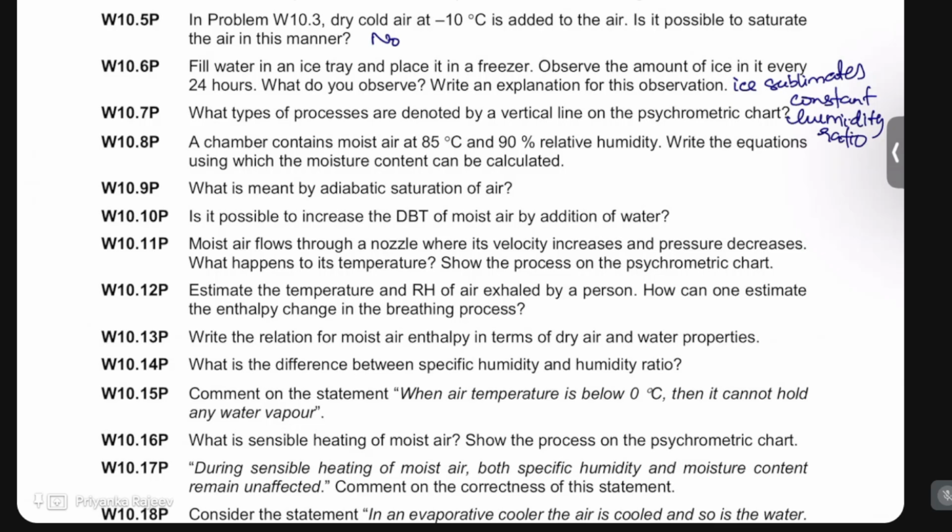Now, a chamber contains moist air at 85 degrees centigrade and 90% relative humidity. Write the equations using which the moisture content can be calculated.